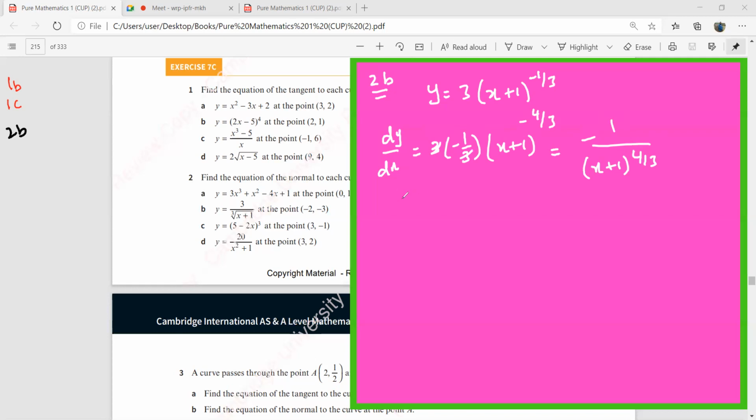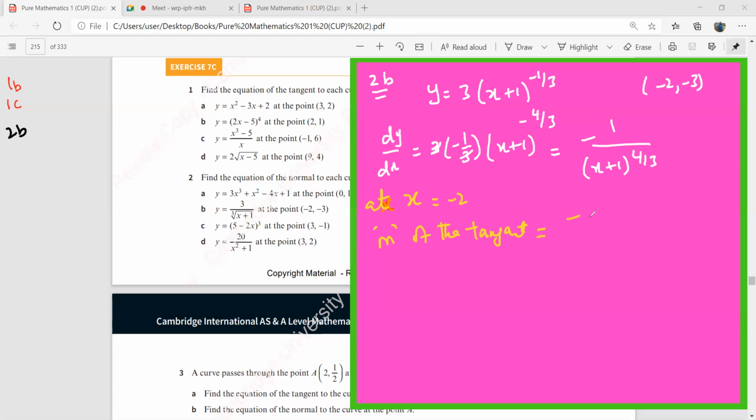Now, the point here is minus 2 comma minus 3. So I'll put x equal to minus 2 here. This is m, the gradient of the tangent, because if you put this value of x into the derivative, it gives you the gradient of the tangent.